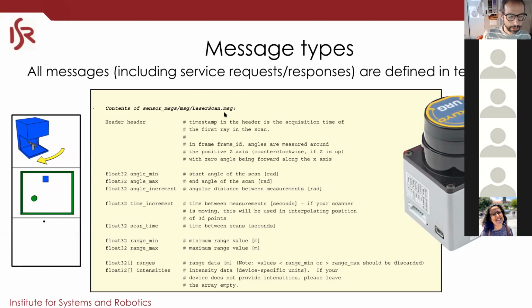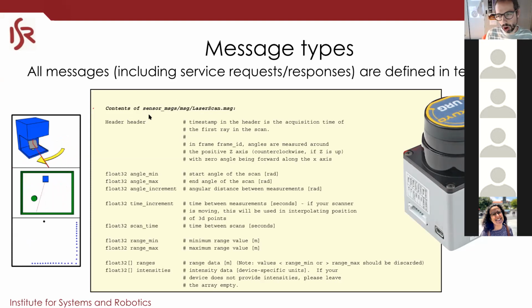ROS is divided into packages, and we're going to see that later. There are multiple packages, and these messages are defined in some packages. The sensor messages package, for example, is a ROS package that contains lots of messages for sensors.